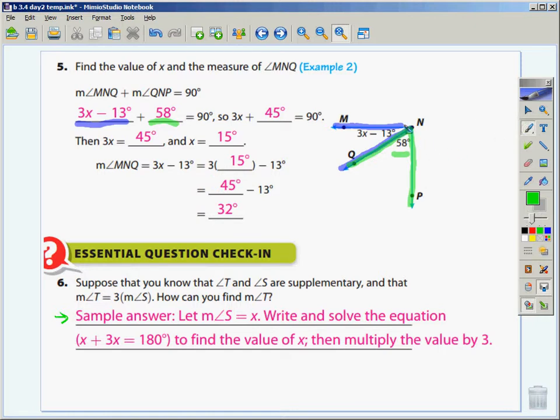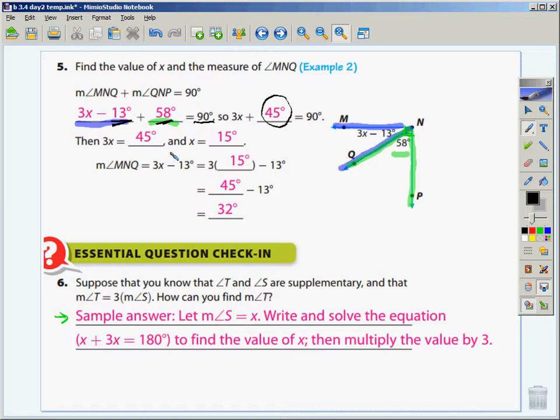If you look in the corner, there was this little corner mark, which means the whole thing was equal to 90 degrees. I put together my like terms. A negative 13 and a positive 58 became 45. I subtracted 45 from both sides, giving me 3x equals 45. And I divided both sides by 3, giving me x equals 15.